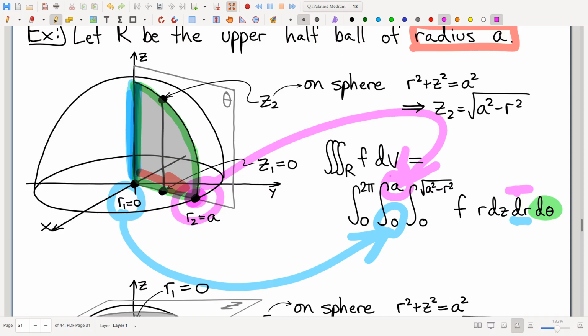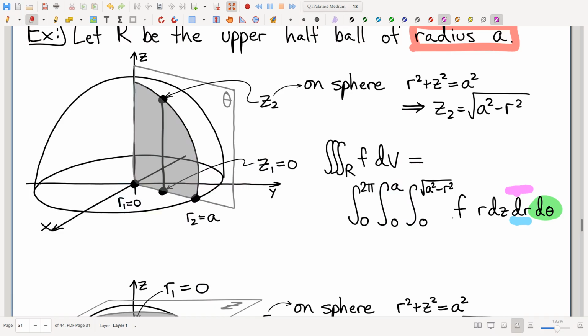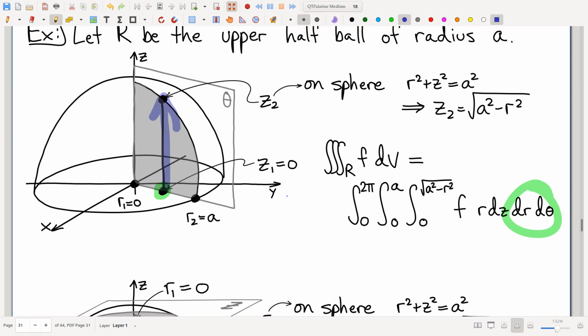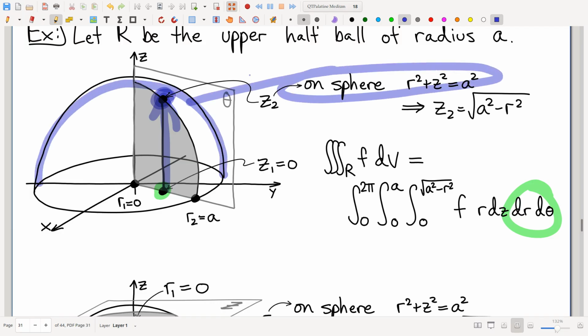And then the last, just to finish this up, we're seconds away. For a given value of r and for a given value of theta, looking above that point, there's our z bounds. z obviously starts at 0, and z ends at that point, which is on that surface, which has that equation.